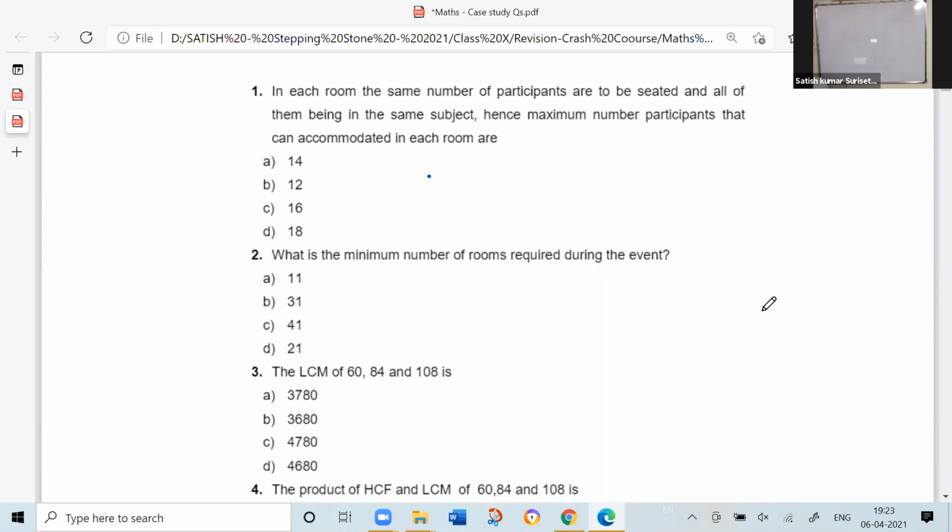In each room, the same number of participants are to be seated and all of them being in the same subject. Hence, the maximum number of participants that can be accommodated in each room is. Now, try all of you and tell me the answer. After that, we'll discuss the method also.